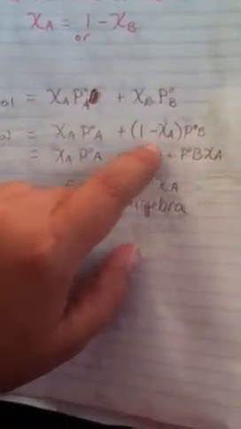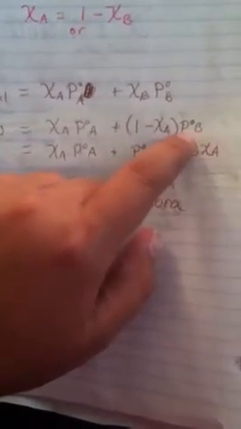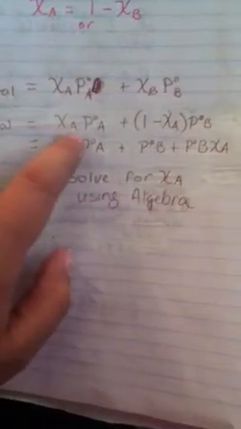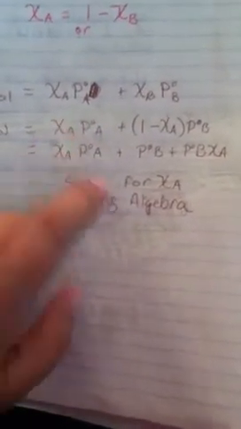Then this is the mole fraction of pentane times the standard pressure of pentane, and this one's the mole fraction of hexane times the pressure of hexane. But you can set this up however you want.